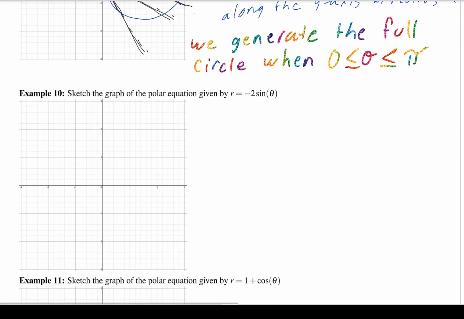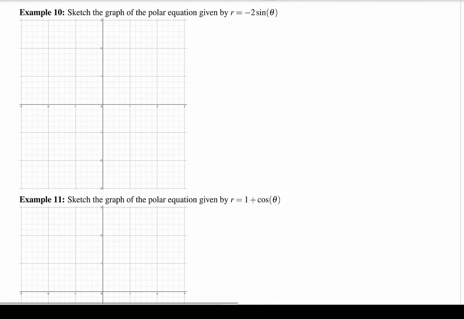Example 10 asks us for the graph of the polar equation r equals negative 2 sine theta. So I know this is going to be a circle of radius 2 along the y-axis. I just need to figure out, does it look like this or does it look like this? So the way for me to figure that out is to plug in some theta where I'm not going to get r equals 0, so I'm going to plug in theta equals pi over 2.